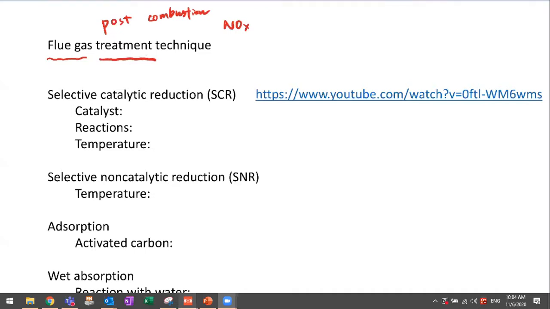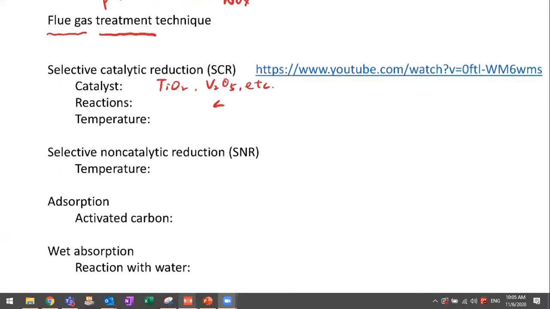We mentioned the method called selective catalytic reduction. We generally use, let's say, titanium dioxide or vanadium oxide, and so on, as the catalyst to get the reaction to go through.